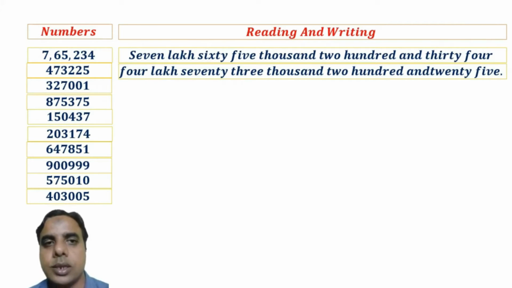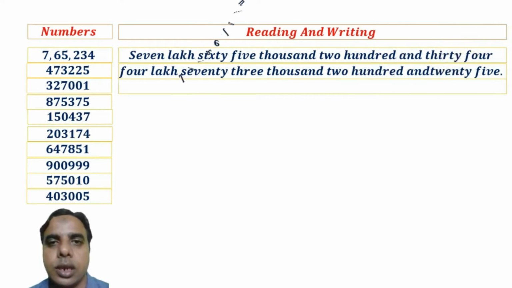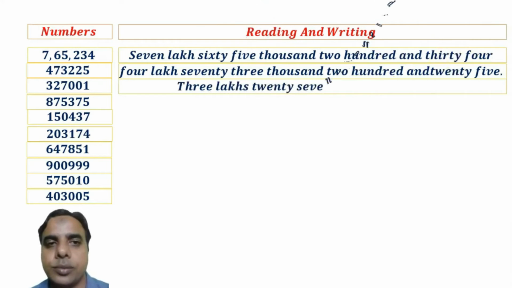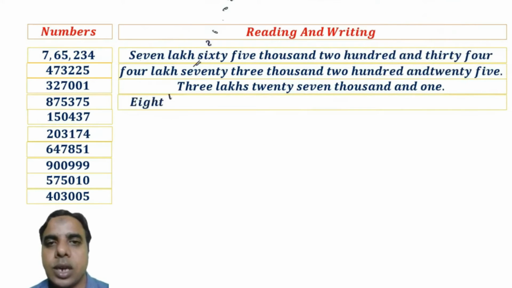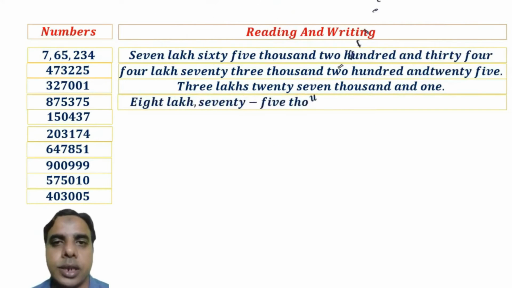Okay, then the next one is 327,001, that is 3,27,001. Then 875375 means 8,75,375.